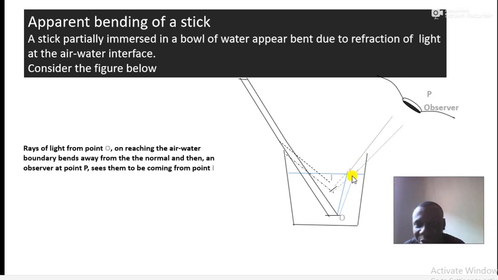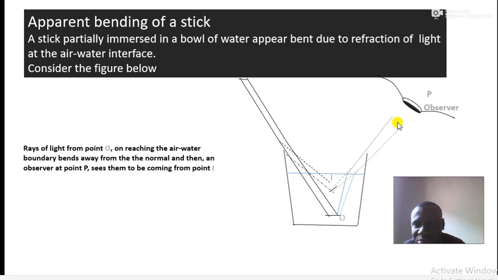If we take another ray of light from the same source, the same point O or near O, and we project that ray outwardly, on reaching the interface separating air and water, that ray will also bend away. So we can use these two rays of light to determine the image of the object that will be formed.